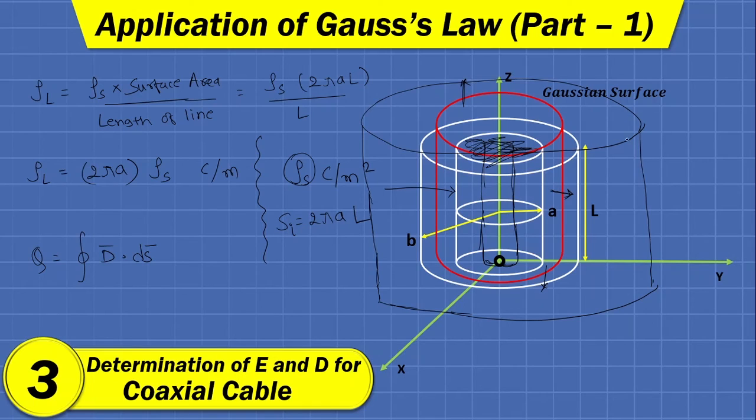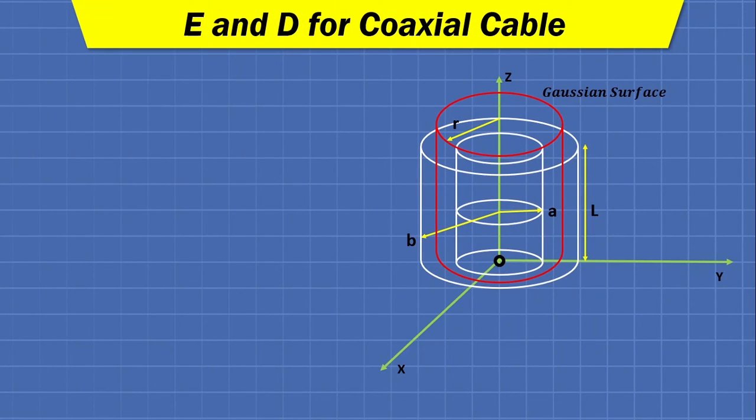So the net charge enclosed by this outer surface is 0. So again the space outside the coaxial cable will have 0 field intensity and 0 flux density. The only region where flux density and intensity are defined is the region between these two conductors.